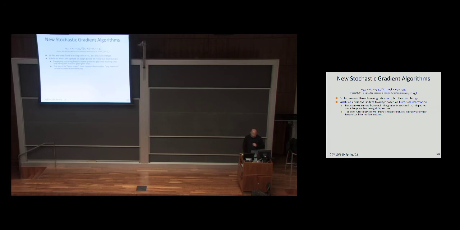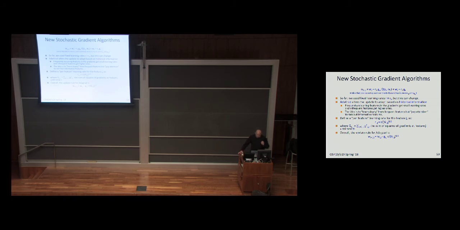That's kind of the intuition. So I want to learn slowly from frequent features, but pay more attention to rarely changed features that are informative. So how do we do it? What we're going to do is define a per feature learning rate. And it's going to work this way.